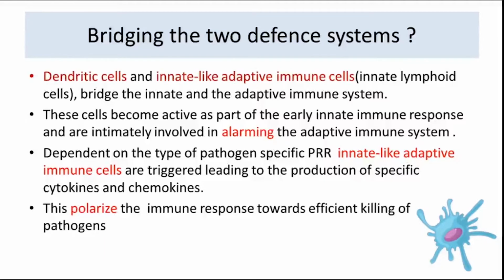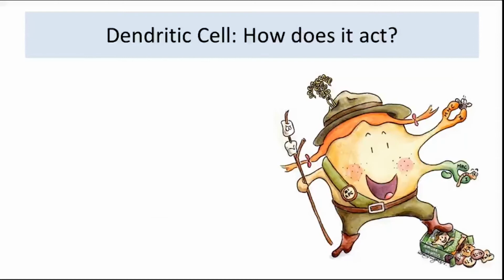But the moment they see that the pathogen is not being handled adequately by the innate system, they immediately rush and alert the adaptive immune system, or adaptive defense system. So the dendritic cells are the most important bridge between the innate immune system and the adaptive immune system.